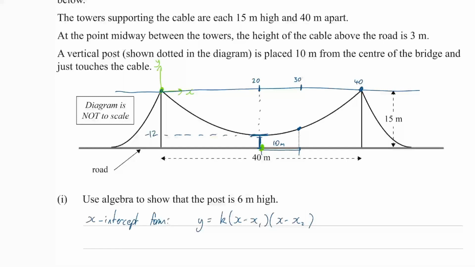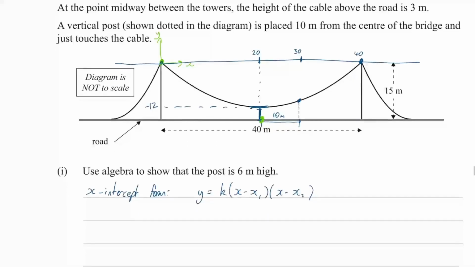K is some scaling factor. It could be a tall and skinny parabola, or it could be flat and wide. So we know the first intercept is at the origin, so x minus 0. The second one is at x equals 40, so it'll be x minus 40. And to simplify, we don't need to write x minus 0, we can just write x. Makes it a bit neater. And so that's the equation for our parabola.